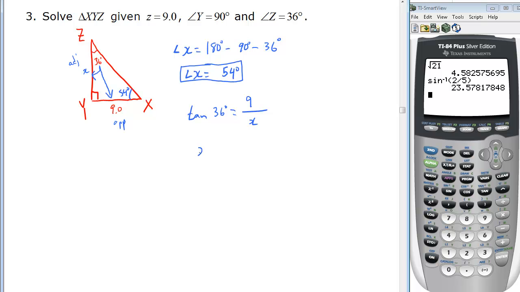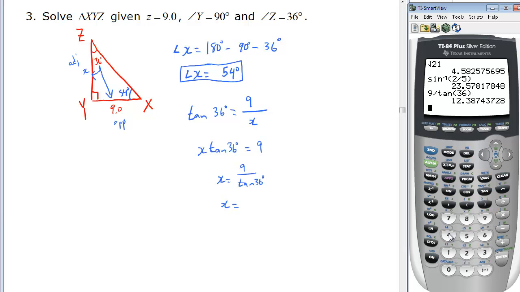Cross multiply, and we get x multiplied by the tan of 36 is equal to 9. And x then has to be 9 over tan 36, which we check on our calculator. 9 divided by tan of 36 degrees gives us 12, since we're rounding to 2 significant digits. So x is 12.